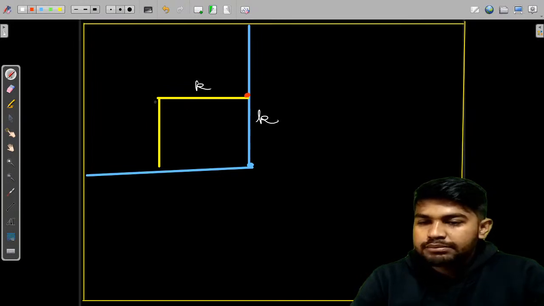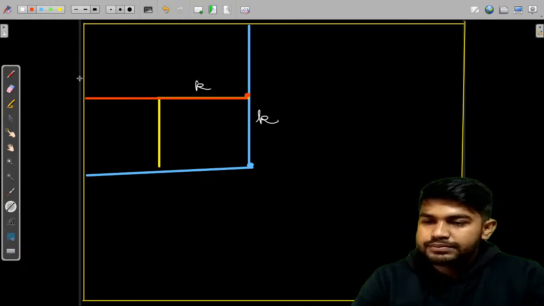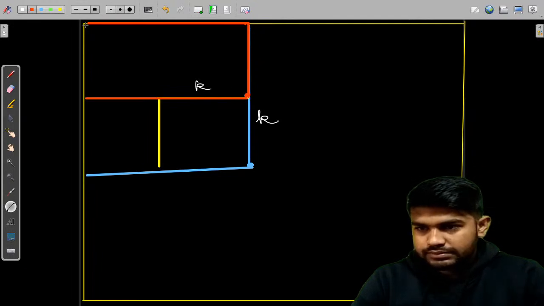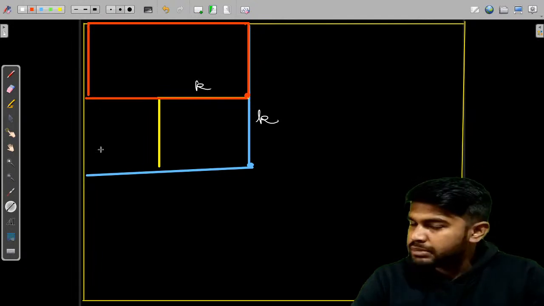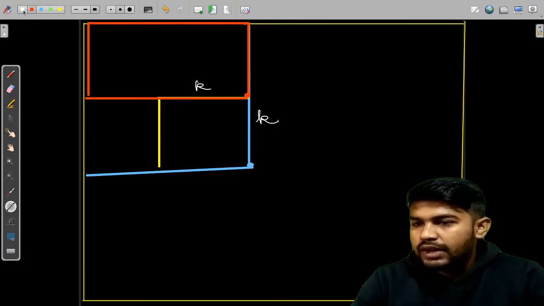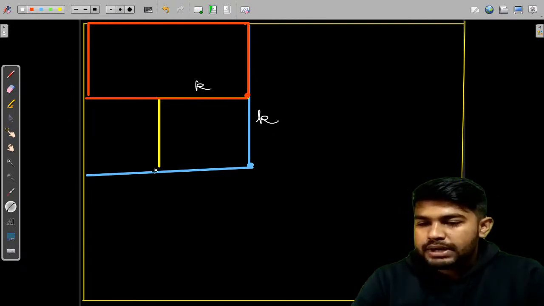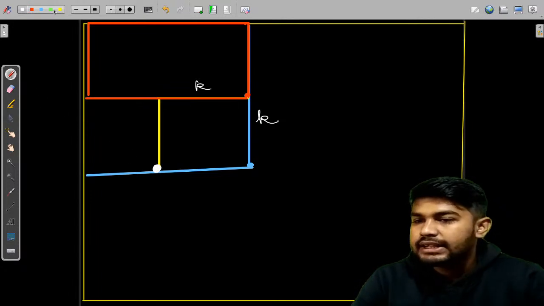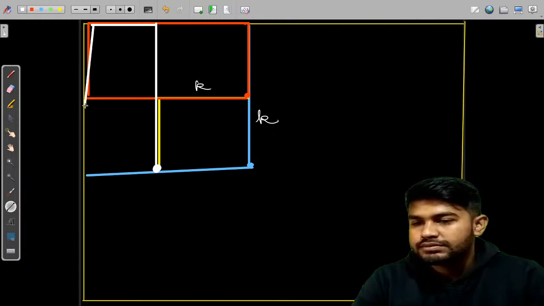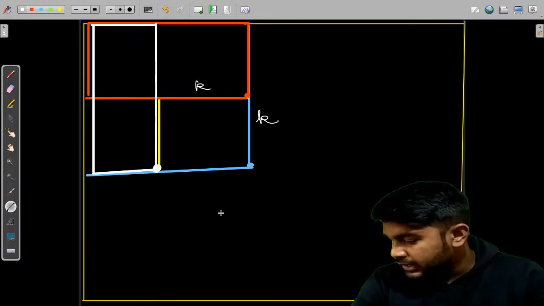If I subtract the sum till this point, then all this part would get subtracted. And if I subtract this other part, then all this part would get subtracted.